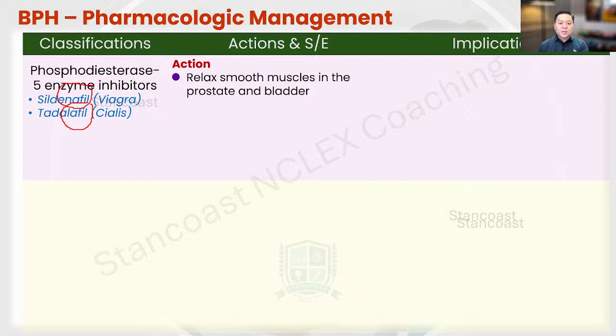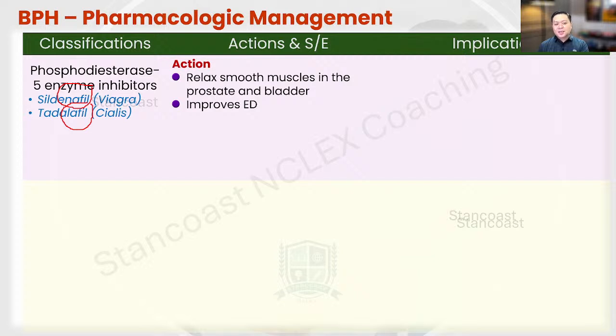It will allow that smooth muscle to relax in order to allow urine to flow into the urethra. Okay, it will really improve the manifestations, and it can also enhance their erection. So it will also treat the erectile dysfunction in this age group.